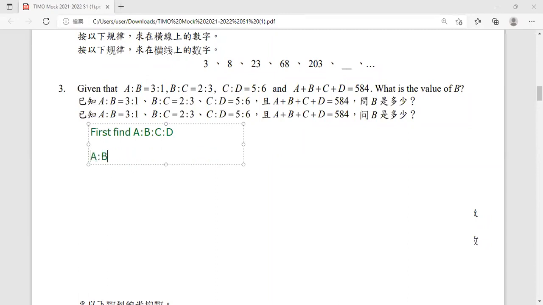Okay, A to B, B to C, C to D. So this is 3 to 1, this is 2 to 3, and this is 5 to 6.